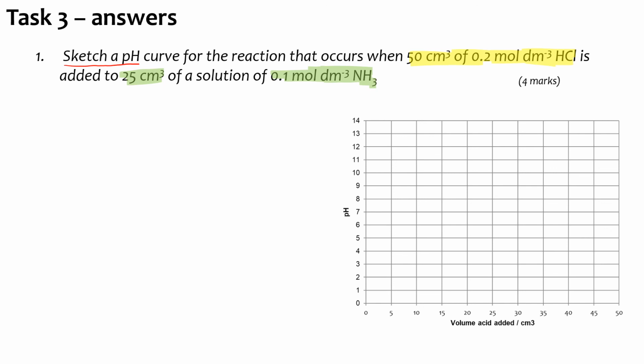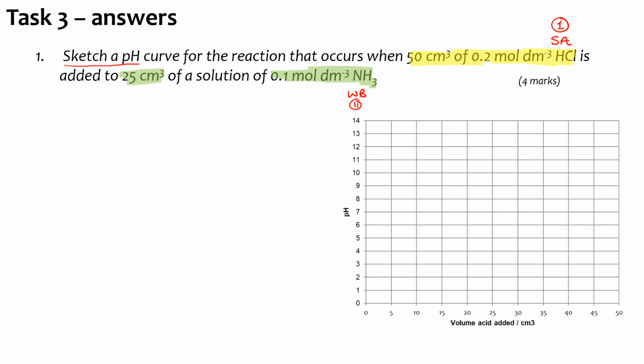So we need to read through the question again and think like a chemist, as I always say. So think like a chemist. What chemicals do we have? Well, first of all, we've got HCl, which is a strong acid, and that means that on the graph it will be around pH 1. And then we have ammonia, which is a weak base, and so we'd be looking at a pH of around 11.